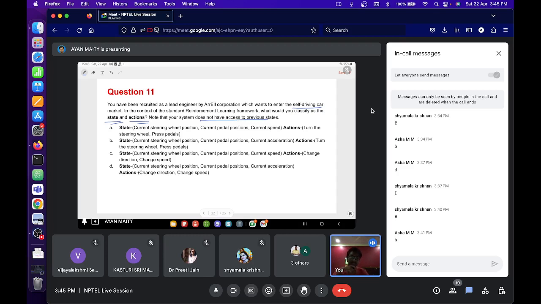So what should be in state and what should be in actions? What are the features that the state variable should have, and what are the features that the action variable should have?